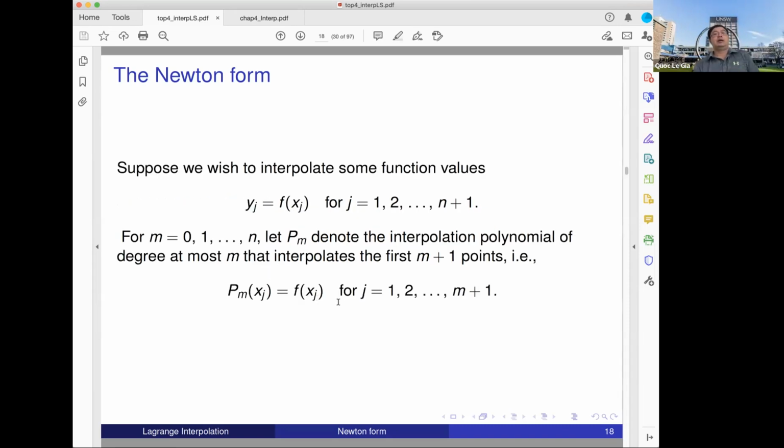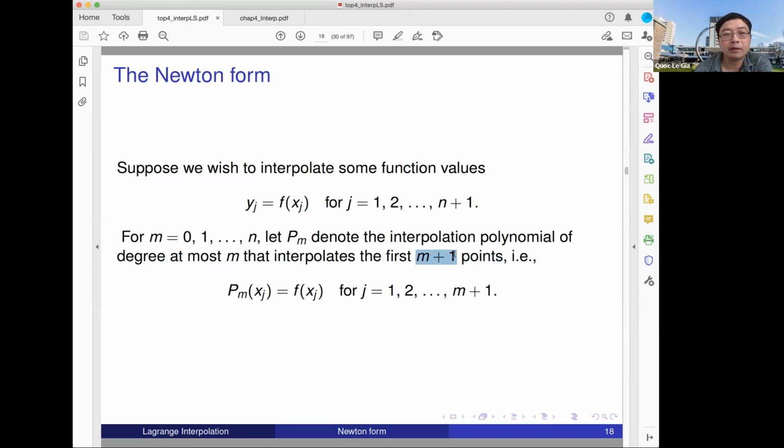Now let's do some notation. Suppose that I have Pm. Pm is the polynomial of degree at most m, but it goes through only the first m plus 1 points.